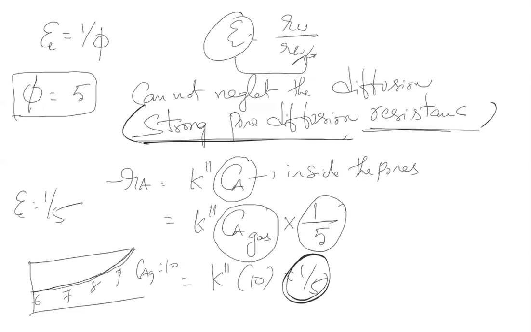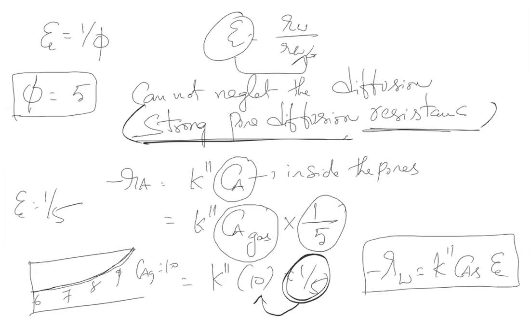So this 1 by 5 will take care of the decrease in the concentration. So the rate with diffusion is k into k double prime into CAS into the effectiveness factor. This is how you account for the rate of reaction. This is the one you should use for reactor design.